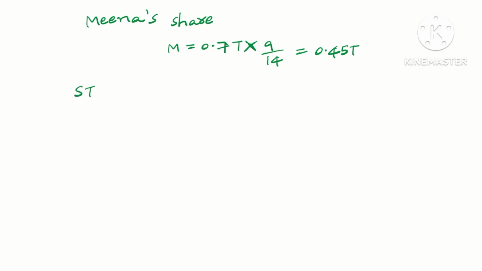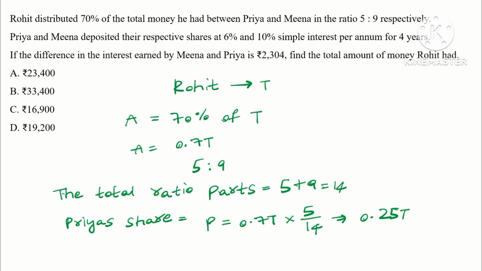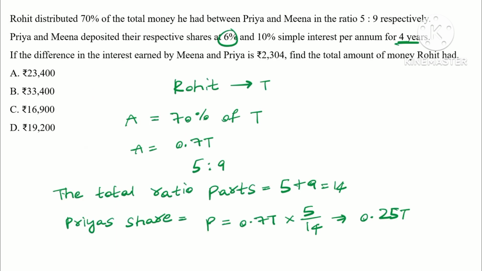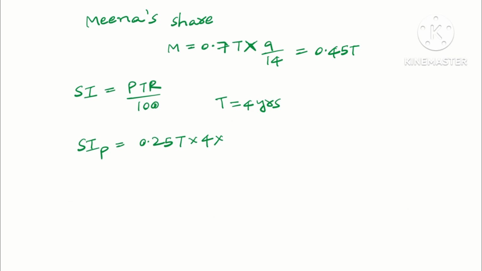Now let's calculate simple interest for Priya and Meena. We know simple interest equals to PTR by 100. The time given is 4 years. Here T will be 4 years. So simple interest for Priya is 0.25T into 4 and rate is 6, which is given in the question, by 100.